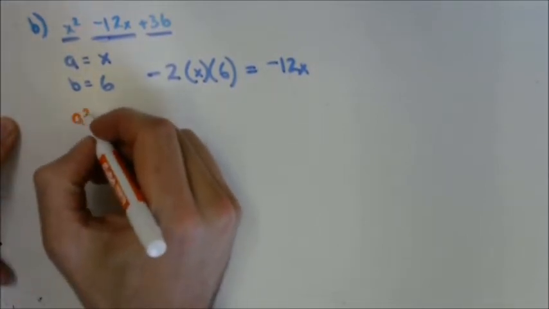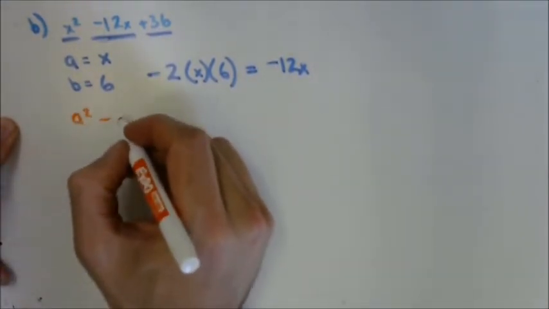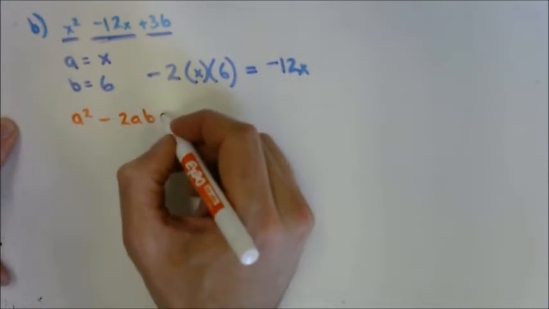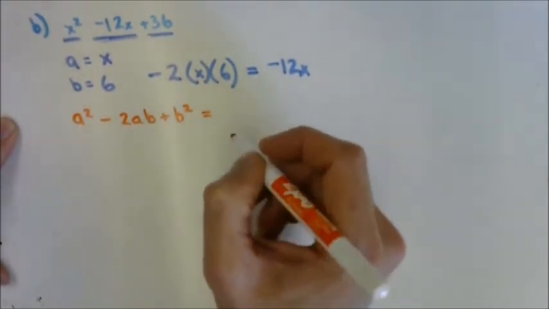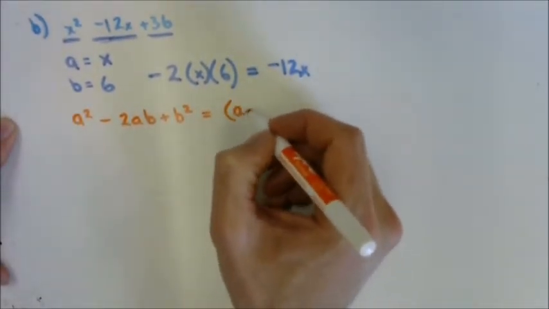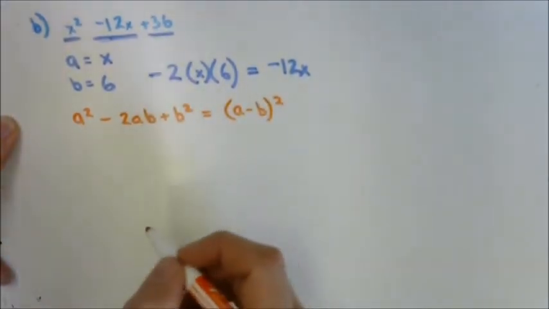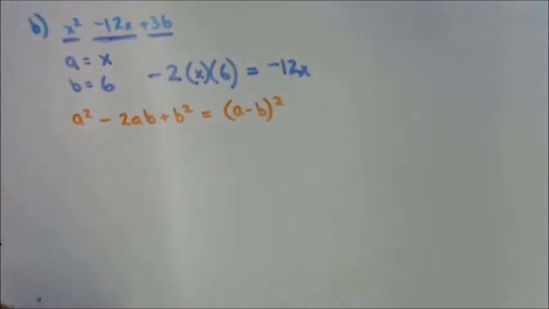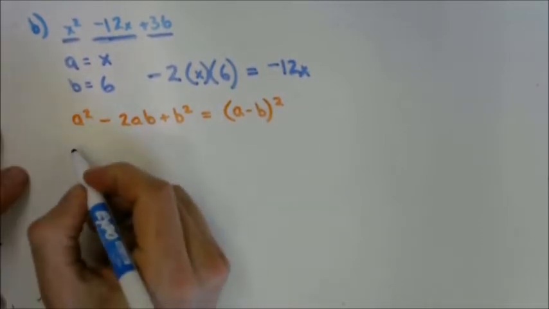We've got a squared minus 2ab plus b squared, and that equals (a minus b) squared.